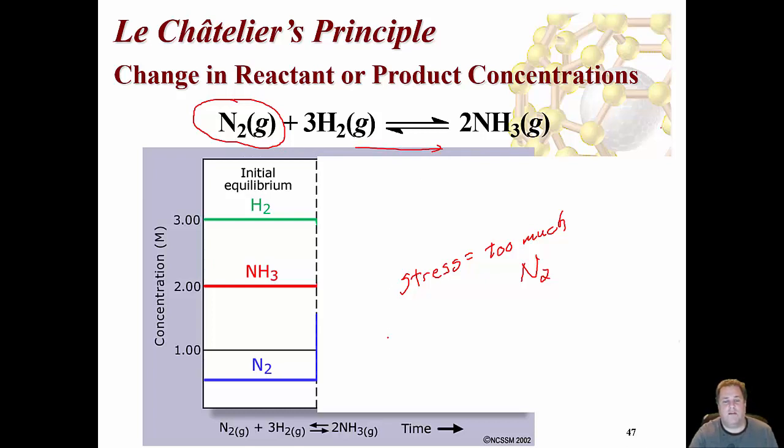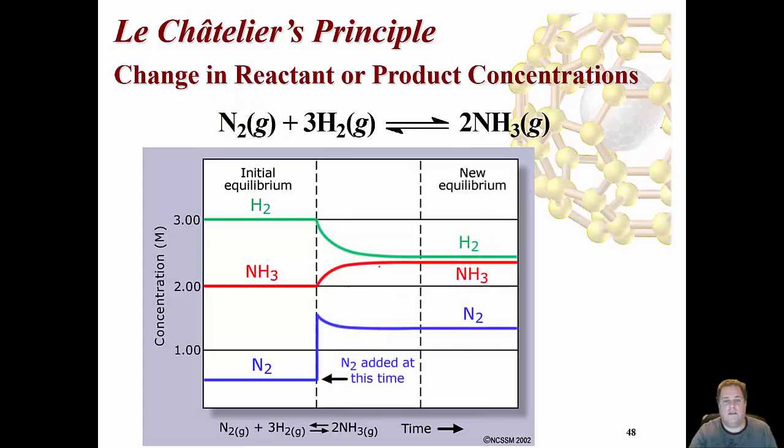And if we open up that graph, all of our ink is going to disappear, but we see that the N2 is going to go down, the H2 is going to go down, so these reactants went down, and the NH3 increased. Since N2 is the one we actually changed, we're going to kind of ignore that in the sense of comparing old and new equilibrium.